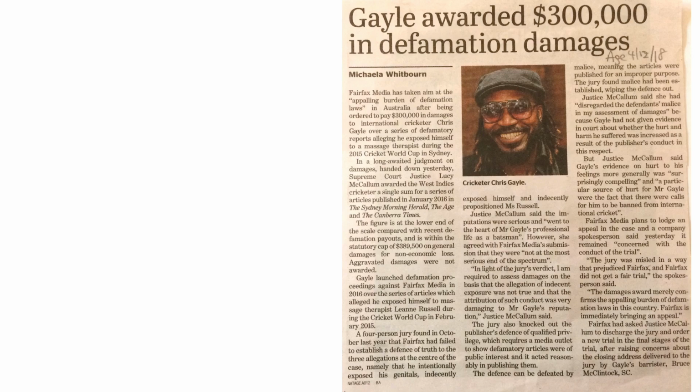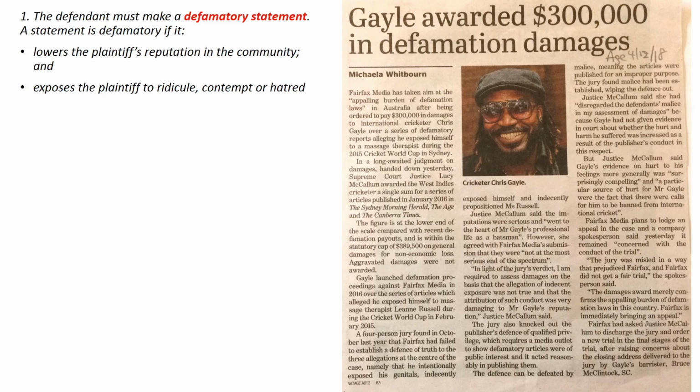To be successful in his defamation action against Fairfax Media, Chris Gayle had to prove the 4 requirements for defamation on the balance of probabilities. The first requirement for defamation is that the defendant, Fairfax Media, must have made a defamatory statement. That is, a statement that lowered Chris Gayle's reputation in the community and exposed him to ridicule, contempt or hatred.